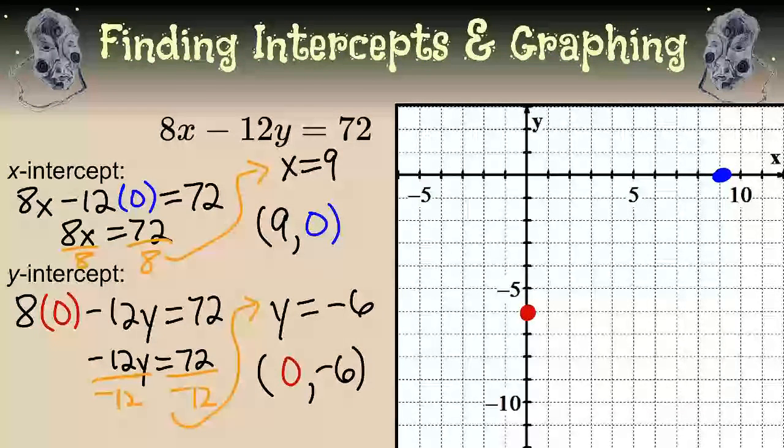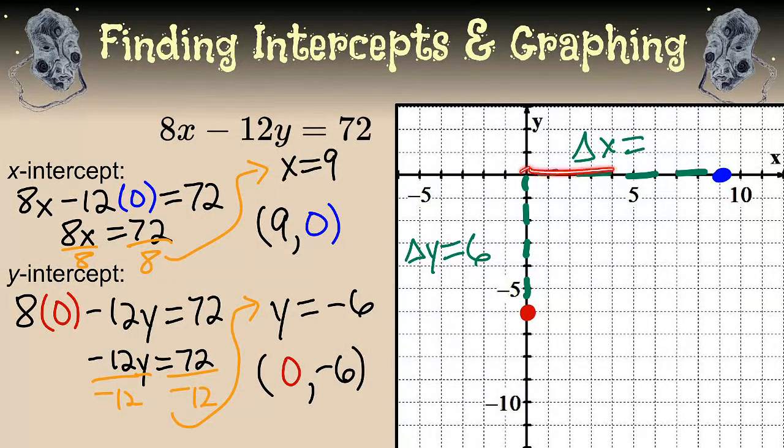And now I can connect those 2 points with a line. It might be useful to note what the slope is. So if I think of the slope triangle, my delta y is up 6. My delta x is to the right 9.